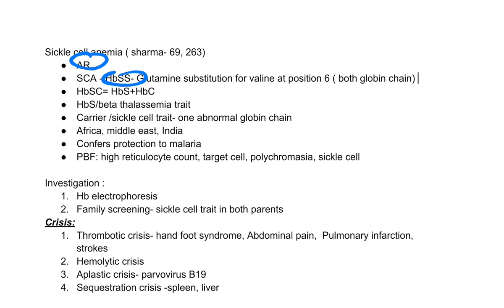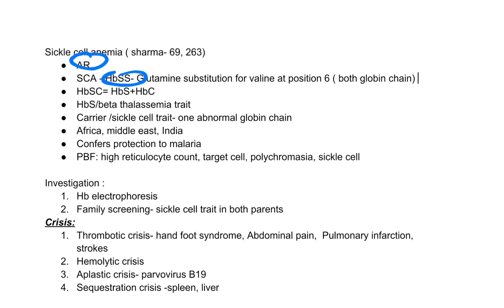The sickle cell anemia patient actually presents with anemia, hemolysis, etc. But the trait form is not actually anemic. They remain asymptomatic lifelong or are very unusually mildly anemic.